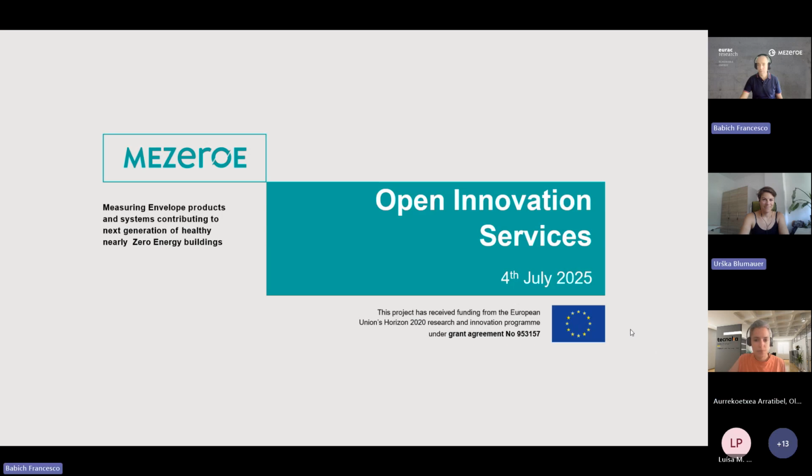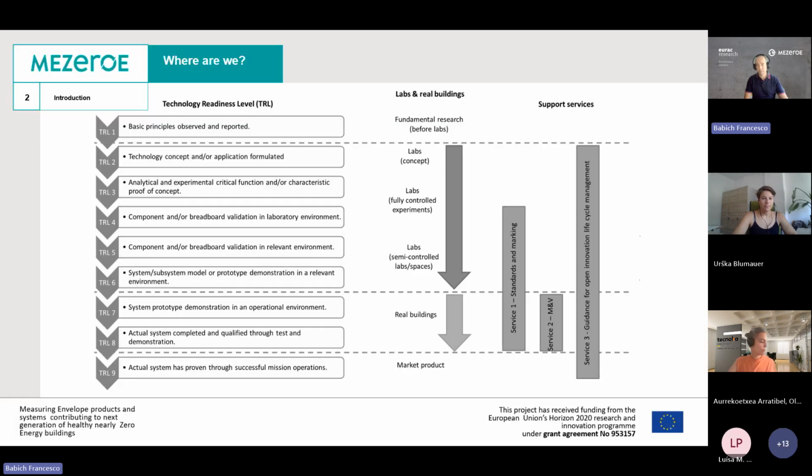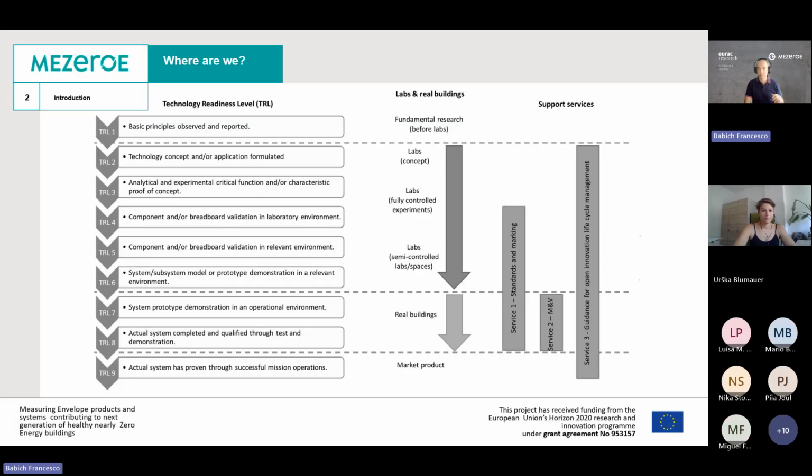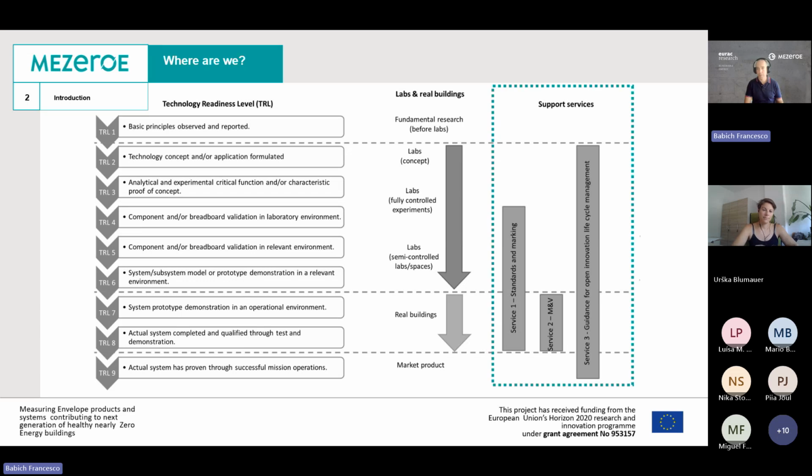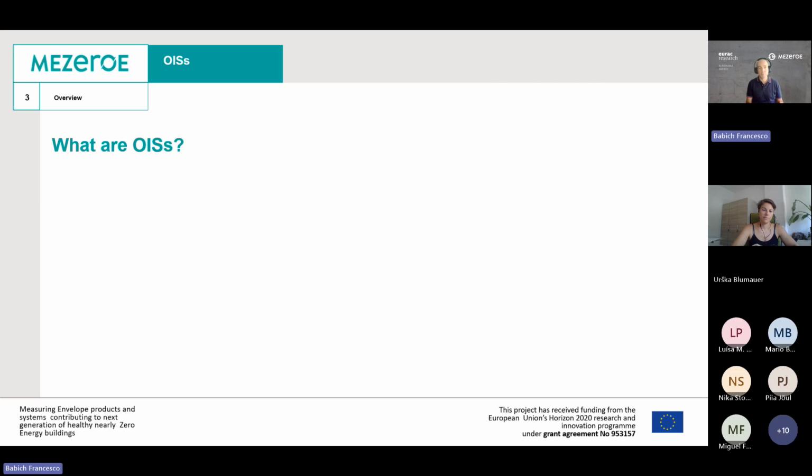Yes. Okay, perfect. So this shorter presentation is about open innovation services, and in particular, going back to my initial slide, where we are focusing now is the right-hand side, so these three services. And what do we mean by open innovation service?